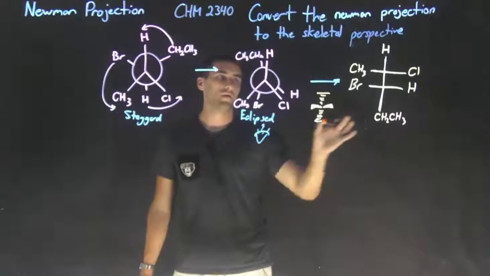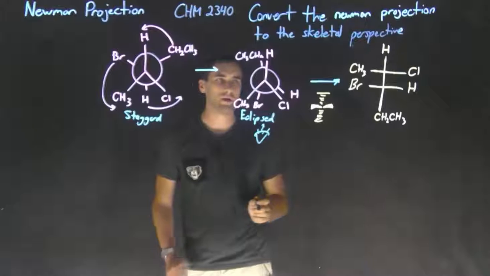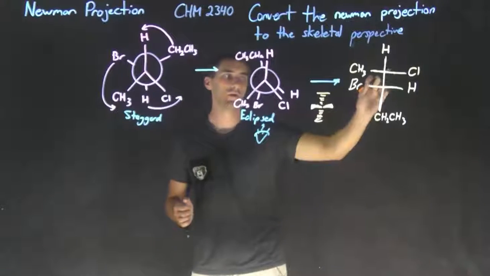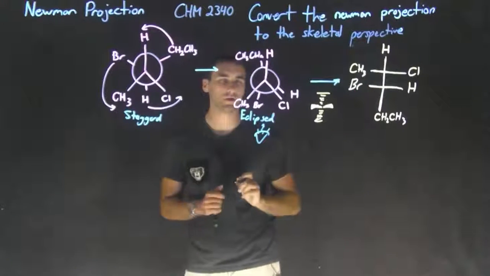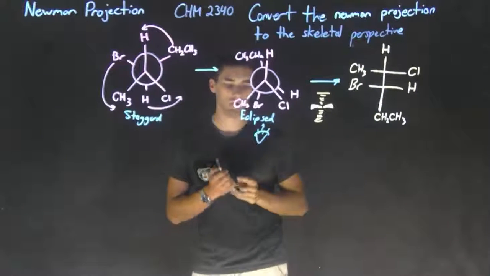So now that we have the transformation from the Newman to the Fischer, we can then determine the stereochemistry of our asymmetric centers, which are these two here.